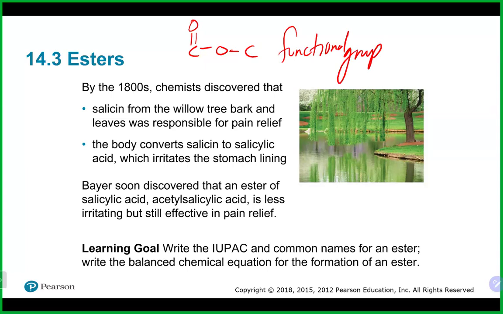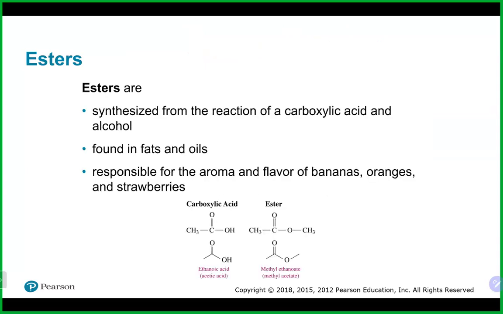And because it looks like a carboxylic acid, not surprisingly, it is made from a carboxylic acid and an alcohol coming together. Basically, squish them together. Esters are synthesized from the reaction of a carboxylic acid and an alcohol. This is known as an esterification reaction, which is the reaction that makes esters.